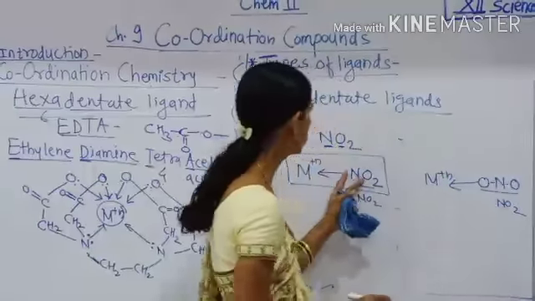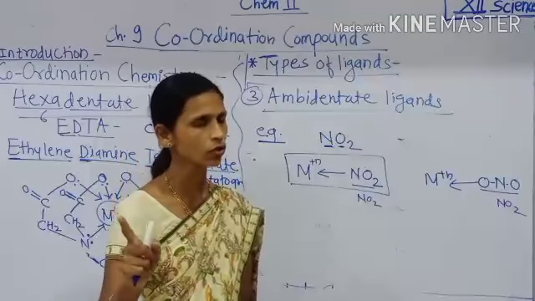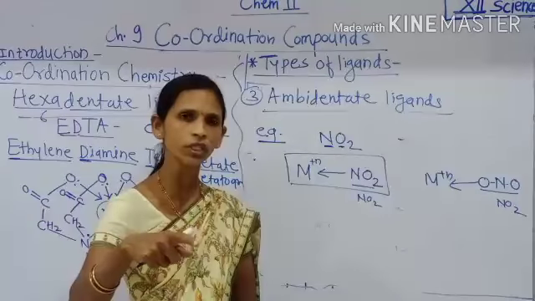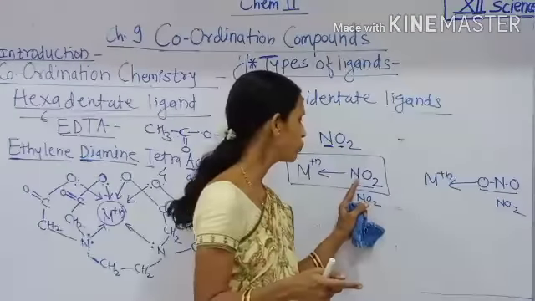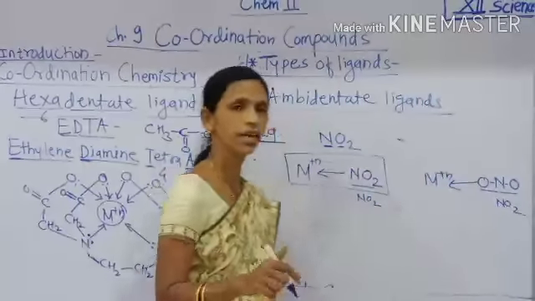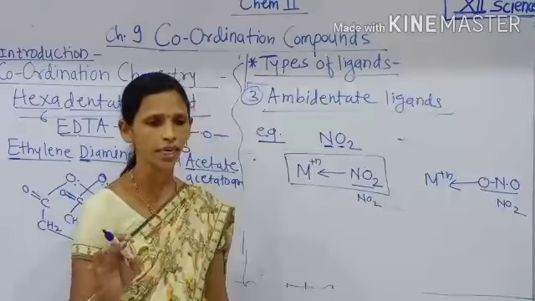That means the NO2 group has two donor atoms, nitrogen and oxygen, but in a complex it coordinates with the central metal ion through only one of them, so it is called an ambidentate ligand. Therefore, the NO2 group is an ambidentate ligand.